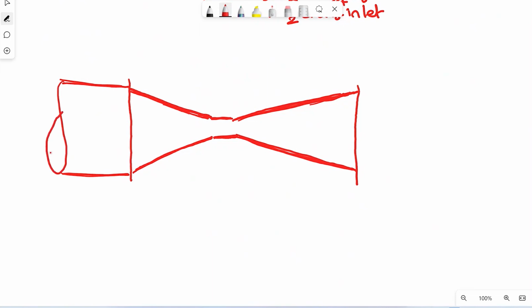The inlet diameter is equal to the diameter of the pipe. And similarly, the outlet diameter is equal to the diameter of the pipe. Here and here, the diameters at this place and at the outlet are same actually. Only thing is this angle is around 21 degrees and this angle is 5 degrees.